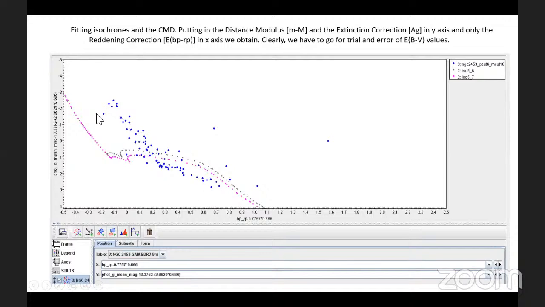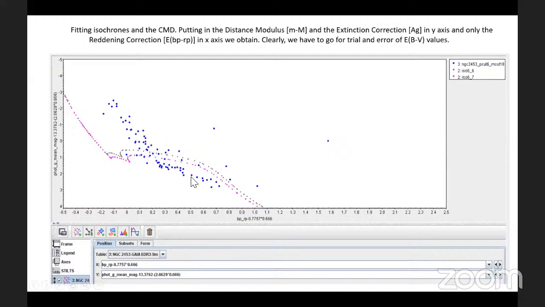color magnitude diagram compared to the isochrones, I put the distance modulus and extinction correction in the y-axis, and only the reddening correction in the x-axis, as the y-axis is the magnitude, right? So we can see, even with the data given in the Milky Way star cluster catalog, we still see a shift.